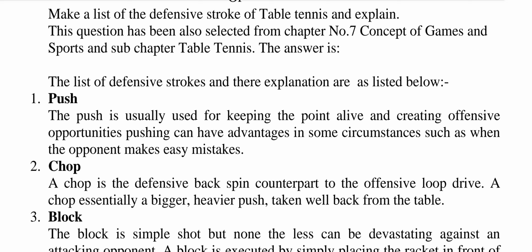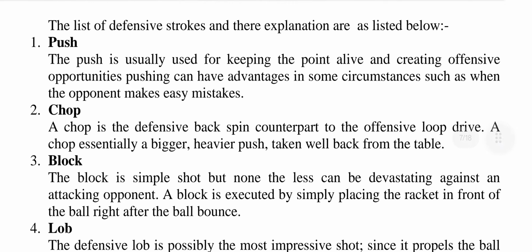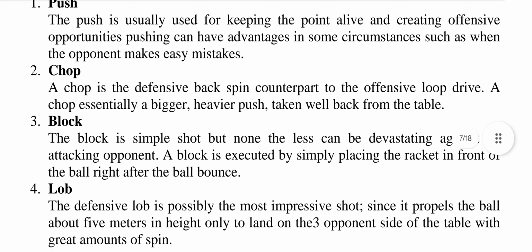The answer is: the list of defensive strokes and their explanation are as listed below. Number 1, push. The push is usually used for keeping the point alive and creating offensive opportunities. Pushing can have advantages in some circumstances, such as when the opponent makes easy mistakes.